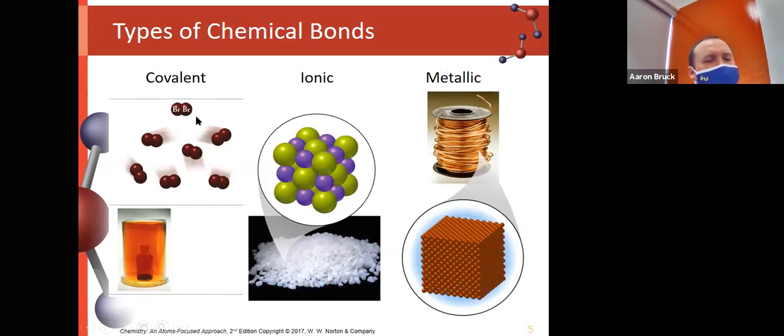And so if we look at the three individually, with covalent compounds, we usually see a loose network of molecules making up a sample. When they are in condensed phases like liquids or solids, covalent molecules form loose associations with each other.